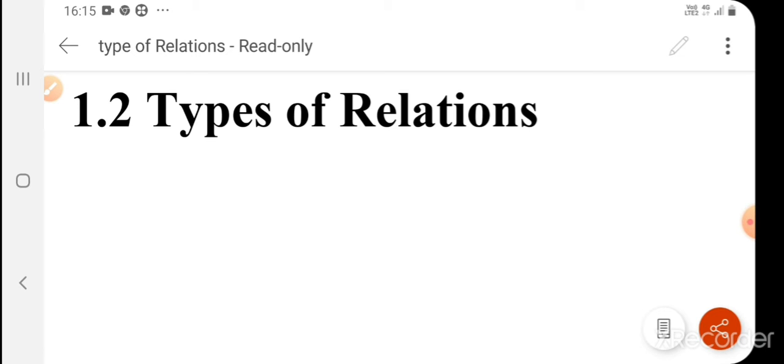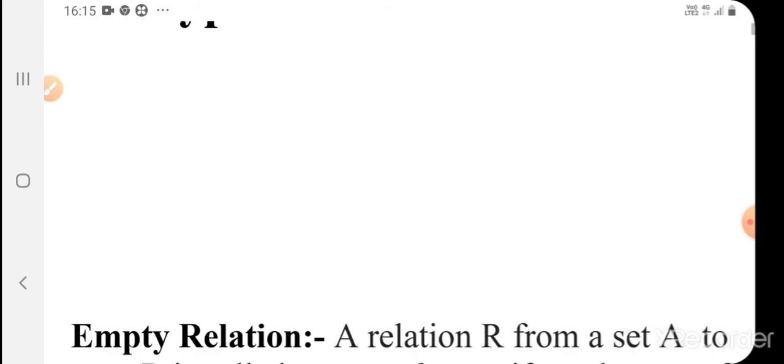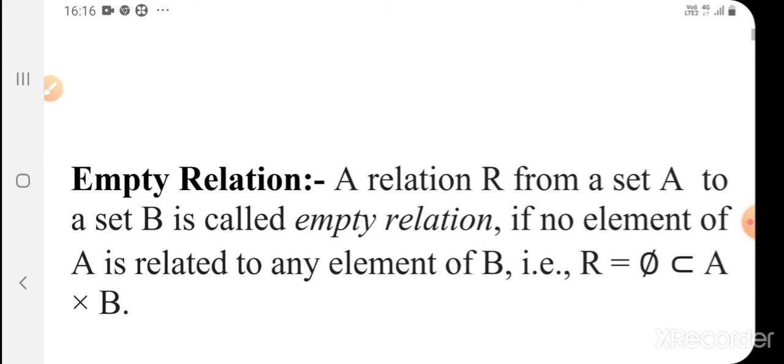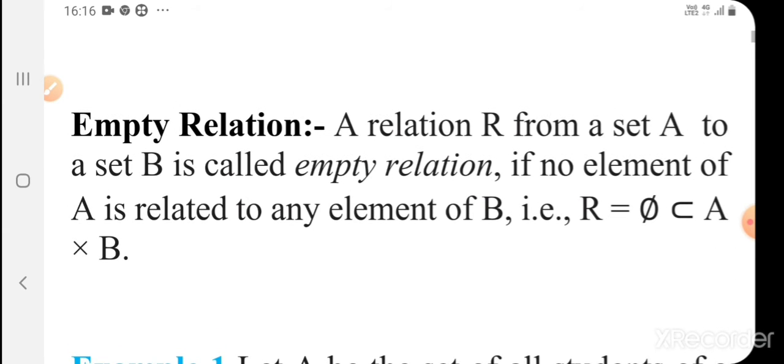First one is the empty relation or null relation. So what is an empty relation?